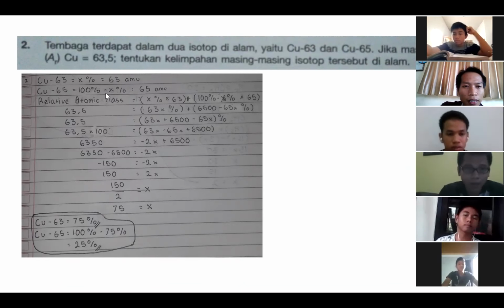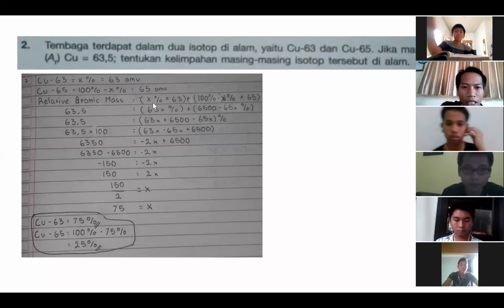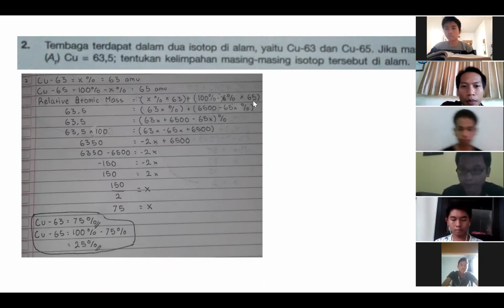When you sum these, you will get 63.5. By a very simple mathematical calculation, you will get X. So 63.5 is equal to 63 times X percent plus 100 minus X percent times 65.